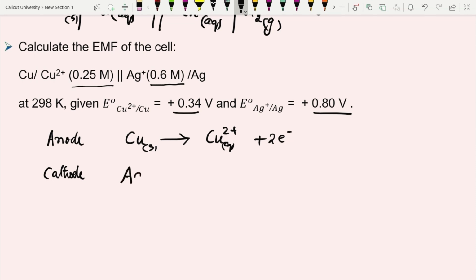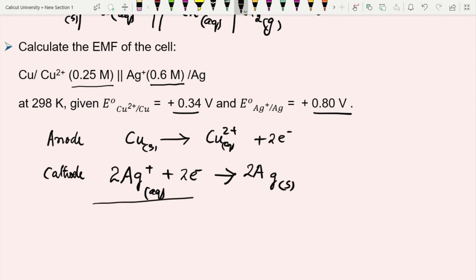Now, in this case, one more thing to be considered. Here I have silver ions, and silver ions require only one electron to be reduced to silver metal, but since the anode is supplying 2 electrons, these have to be consumed by the cathode. So, 2 silver ions will take up these 2 electrons, because copper is pumping 2 electrons per copper atom, so silver ions get converted into 2 silver metal.